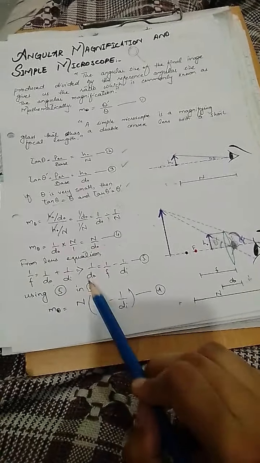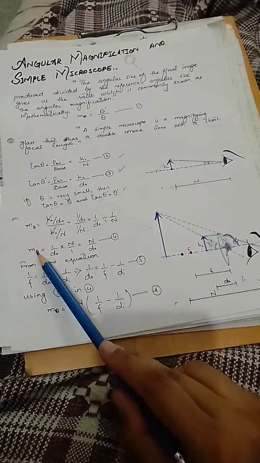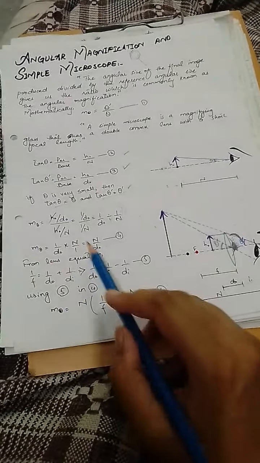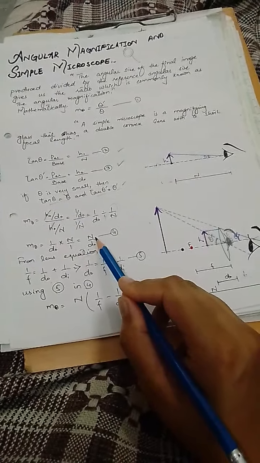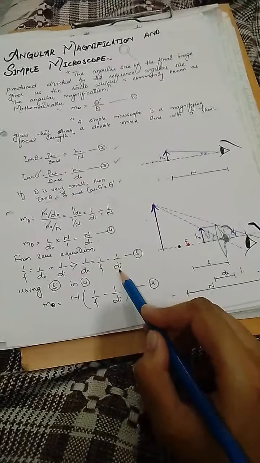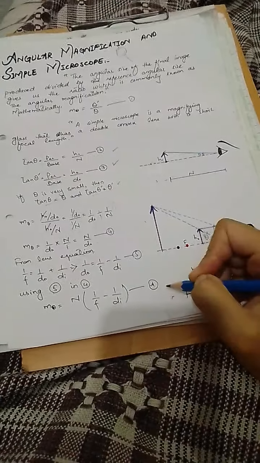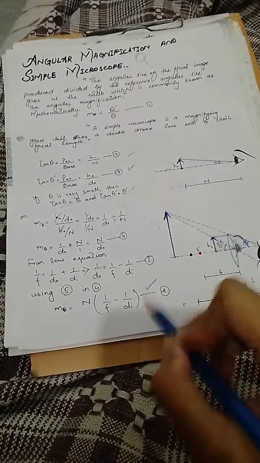Alright, so using equation number 5 in 4, we get m theta equals n, the remaining part 1 by d_o, but instead of 1 by d_o we are using its value 1 by f minus 1 by d_i. Now we call this equation number A, and this is the required formula for the angular magnification.